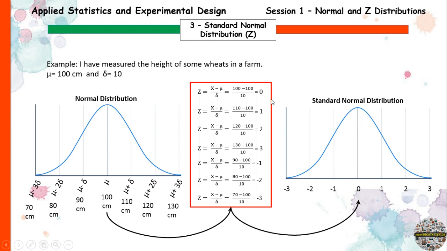The mean for my z-scores will be 0, and my standard deviation will be 1. And as we discussed, roughly 100% of my data will be between -3 and 3.